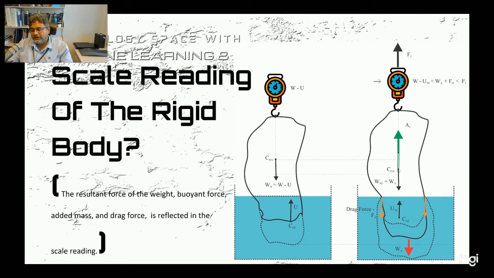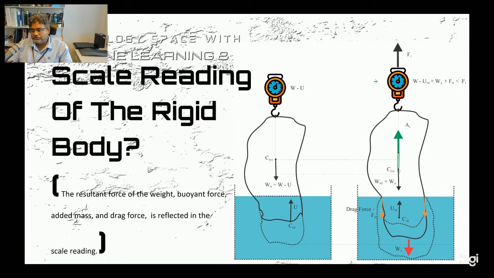As you may have noted, the summation of the forces should be reflected on the scale. That is noted as W, which is the original weight of the rigid body, minus UNF, which is the buoyant force of that rigid body, and then added by WA, which is the added mass, also added by FD, which is the drag force in this situation.